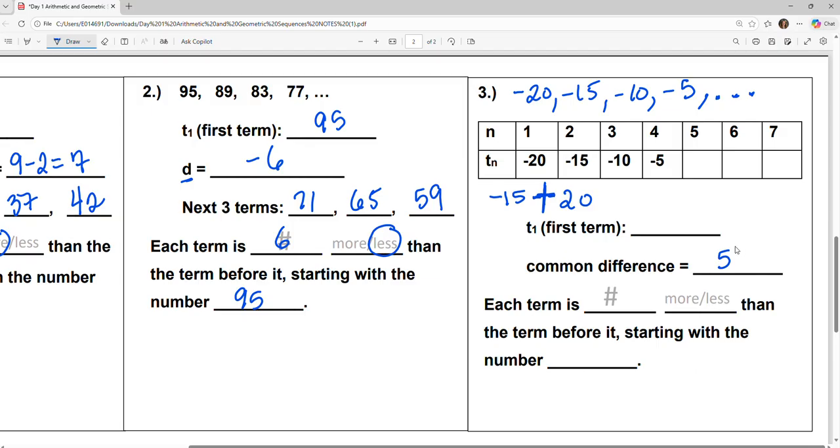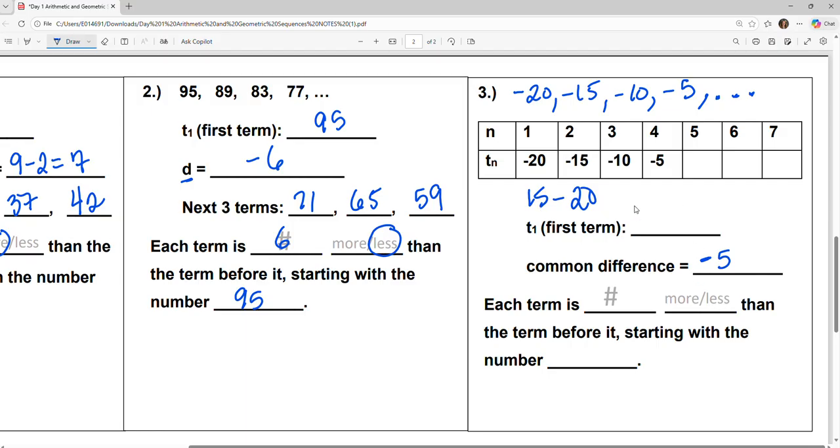Really, take that back. Hold on. We are subtracting... yeah, we're just going to take -15 minus -20. I should have had -15. That's where I messed up. Okay, -15.